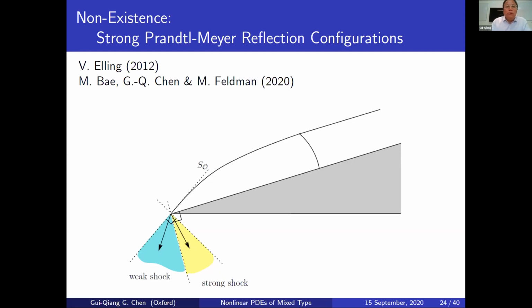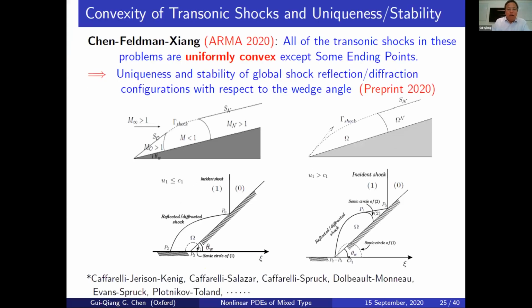So it's impossible. Then we were motivated by early work on free boundary problems studying geometric properties, like the linear cases of Caffarelli and many others, or Lin, and Plotnikov and Toland about the proof of convexity of water waves.